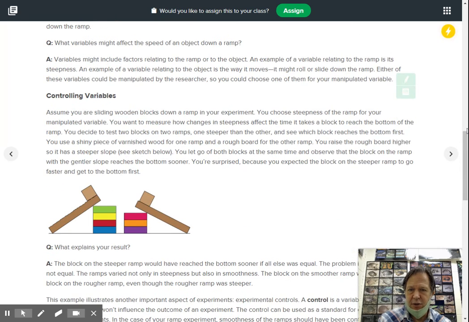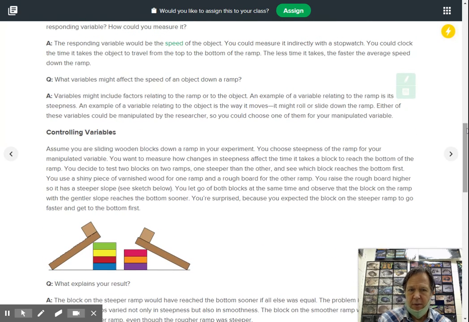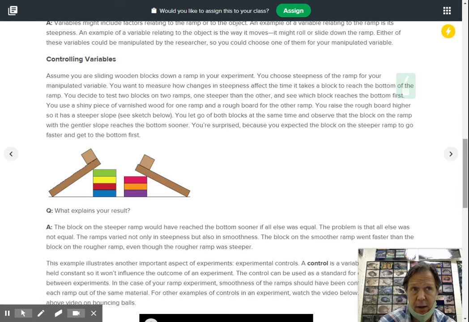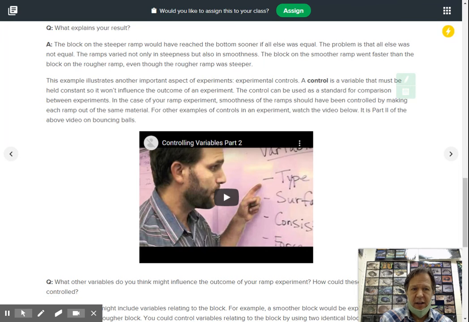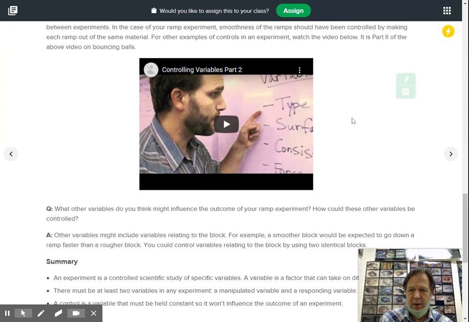And then they go down here. Controlled variables, we said, are the ones that are exactly the same for both groups, for both the experimental group and the control group. Remember, there are those two groups, experimental and control. The experimental group is the one that will receive the manipulated variable. The control group does not. They talk about controlled variables, and then this is quite funny.